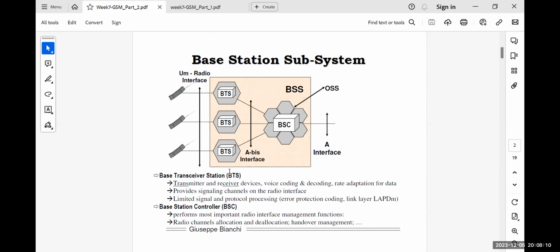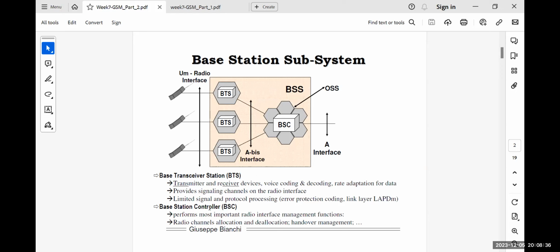But what the BTS actually does is it's a transceiver that includes both transmitter and receiver. And that basically encodes your voice, does the rate adaptation for data, provides the signaling channels on the radio interface, and handles the signal and protocol processing, the error coding, and other things. All of these things are included in the BTS.